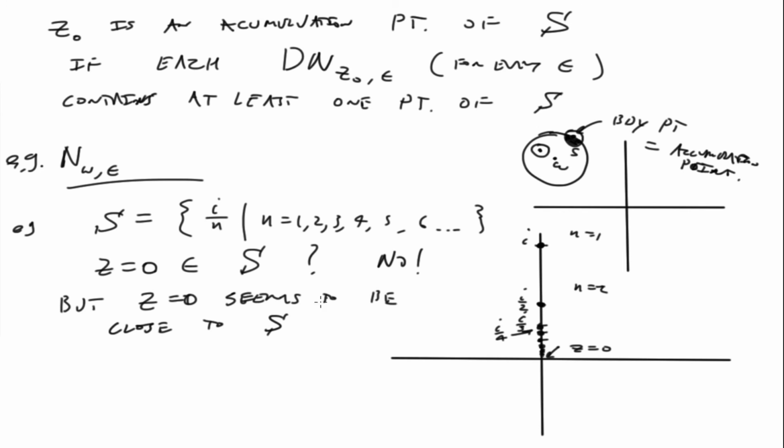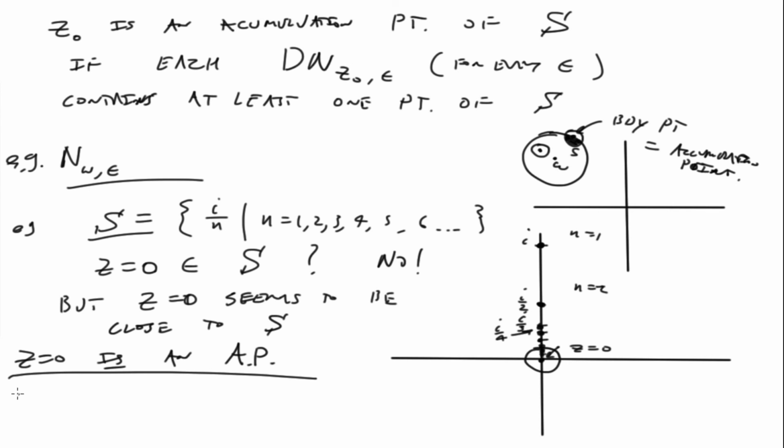So in fact, z equals 0 is an accumulation point. That's because if I take any deleted neighborhood, a little neighborhood around that, it will always contain some elements of this set. There's always something.